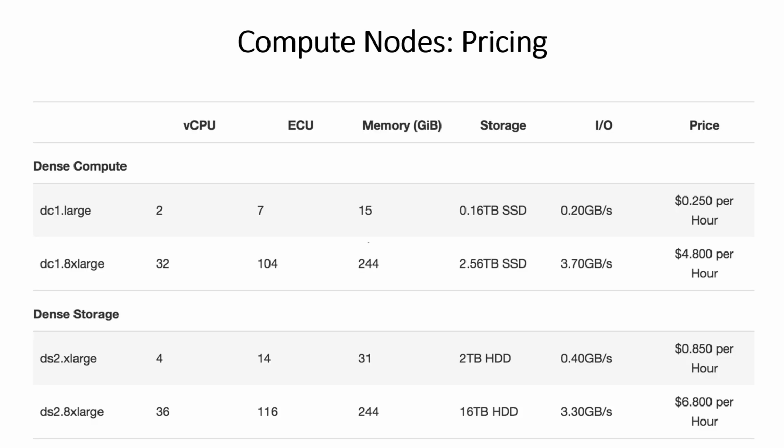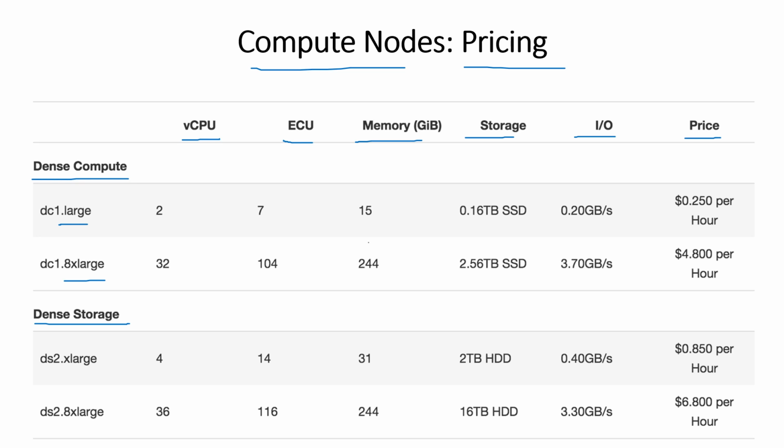In this table, I'm showing pricing for different types of compute nodes. As I mentioned, we have 2 types of compute nodes, dense compute and dense storage. We have different sizes, large and 8XLarge, for each one of them. In this chart, we are showing the number of vCPU, ECU, amount of memory, storage, I/O, and the price.